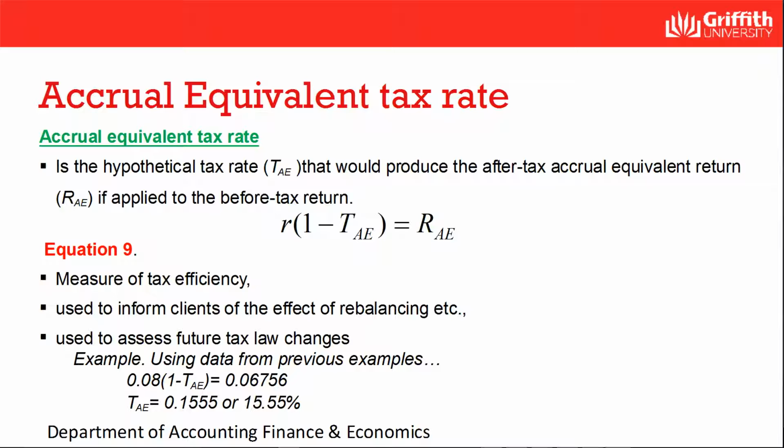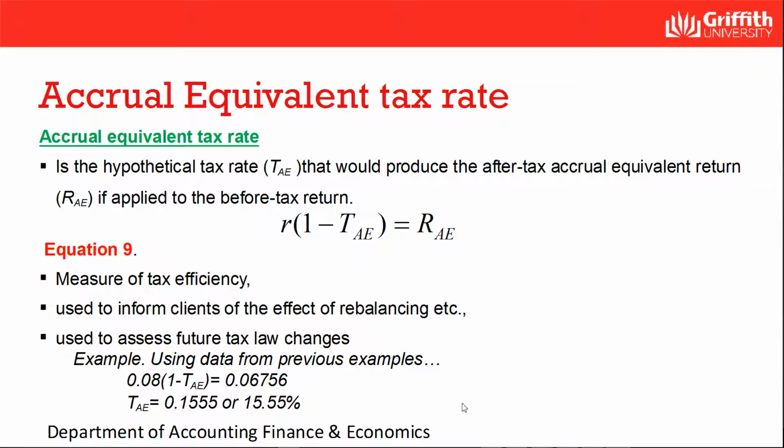This is the formula: the rate times (1 minus the hypothetical tax rate, the accrual equivalent tax rate) is equal to the return on accrual equivalents. It's a measure of tax efficiency. It's used to inform clients of the effect of rebalancing, and it's used to assess future tax law changes.